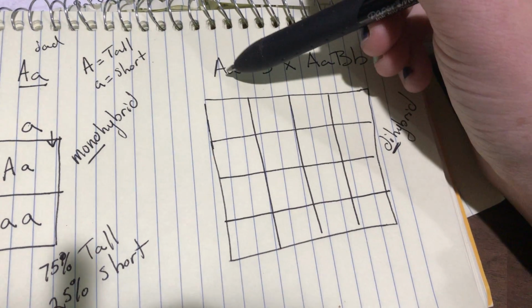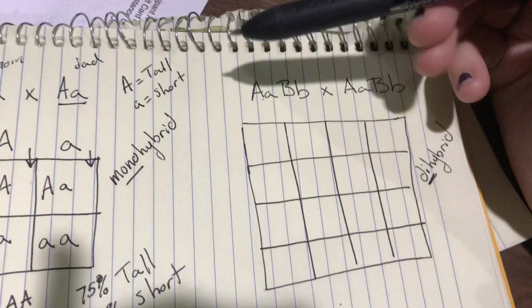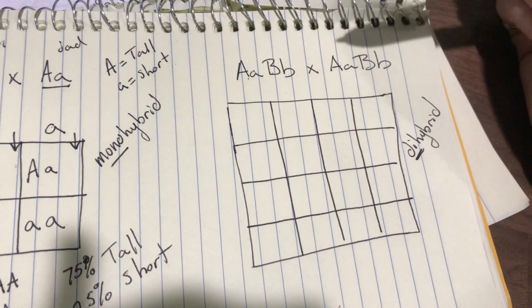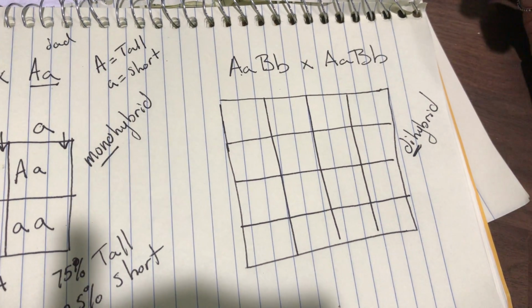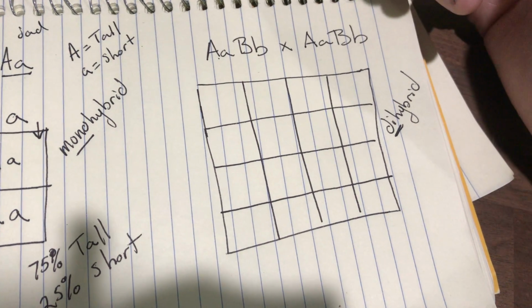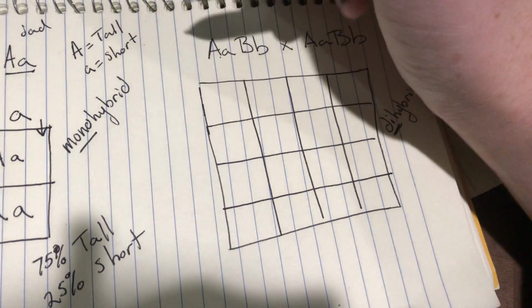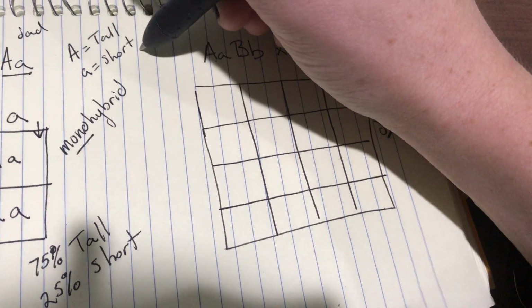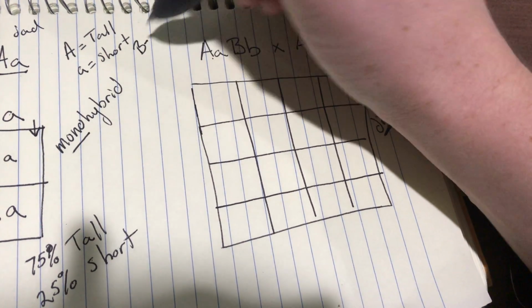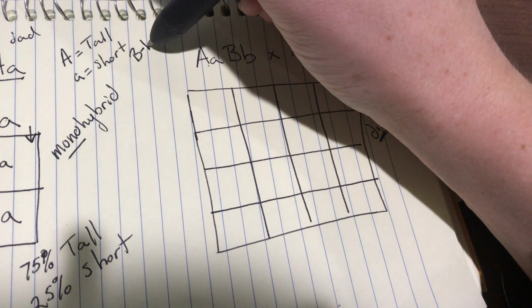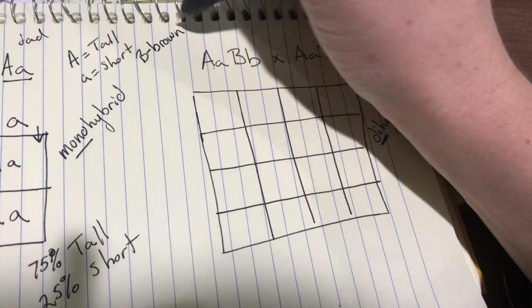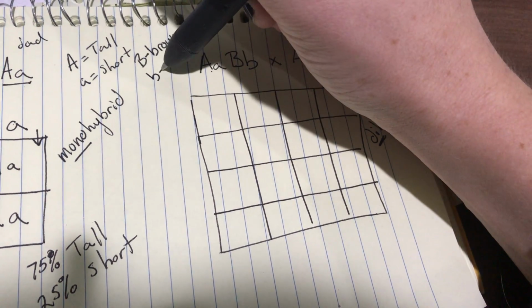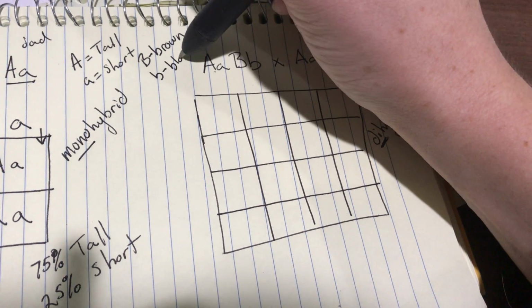So we have a trait for tall and short, which is our A, and then a trait for, I don't know, we'll say brunette or blonde hair. So capital B is our dominant trait, we'll say for brown hair, and our lowercase b for blonde hair.